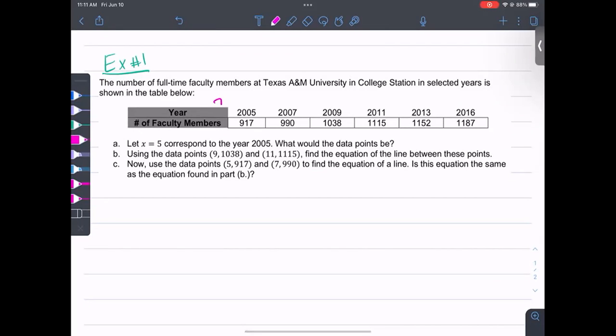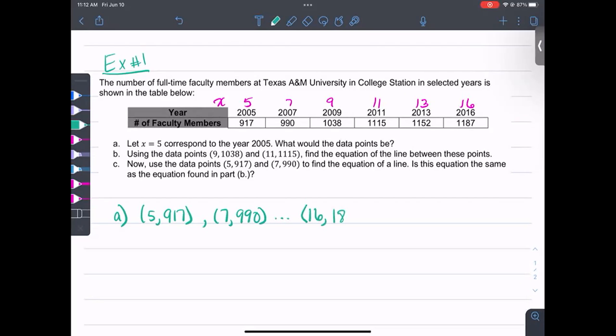So I'm going to go above the table and say these years are 5, then 2007 is 7, then 9, 11, 13, and 16 are the X values we'll use. What would the data points be? The first data point is 5 and 917, 7 and 990, all the way out to the last data point, 16 and 1187.